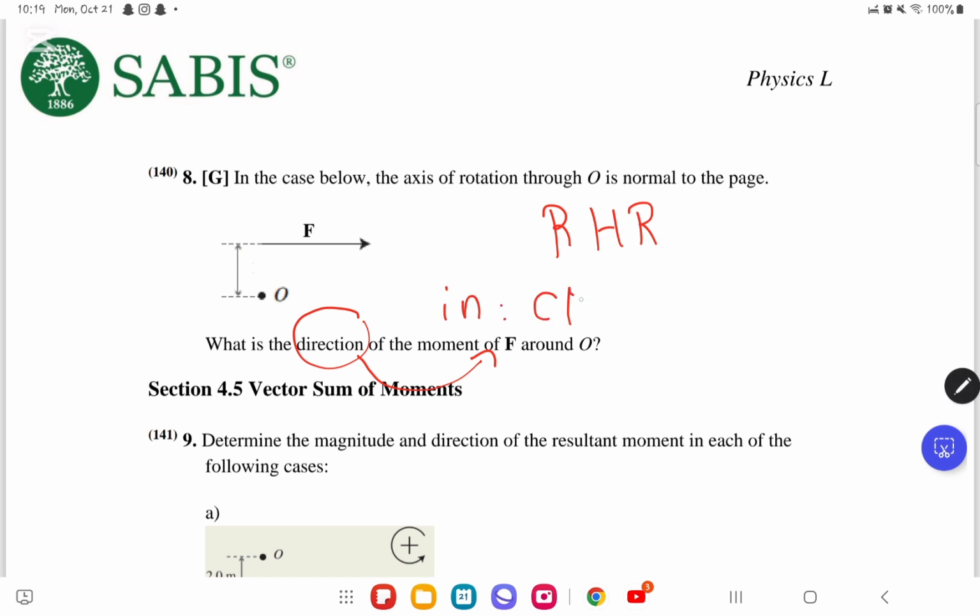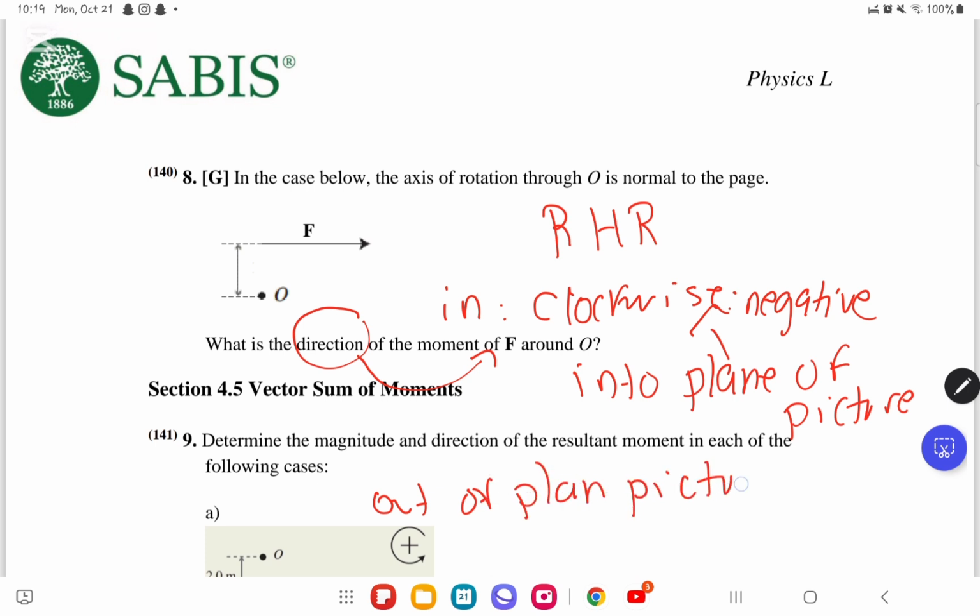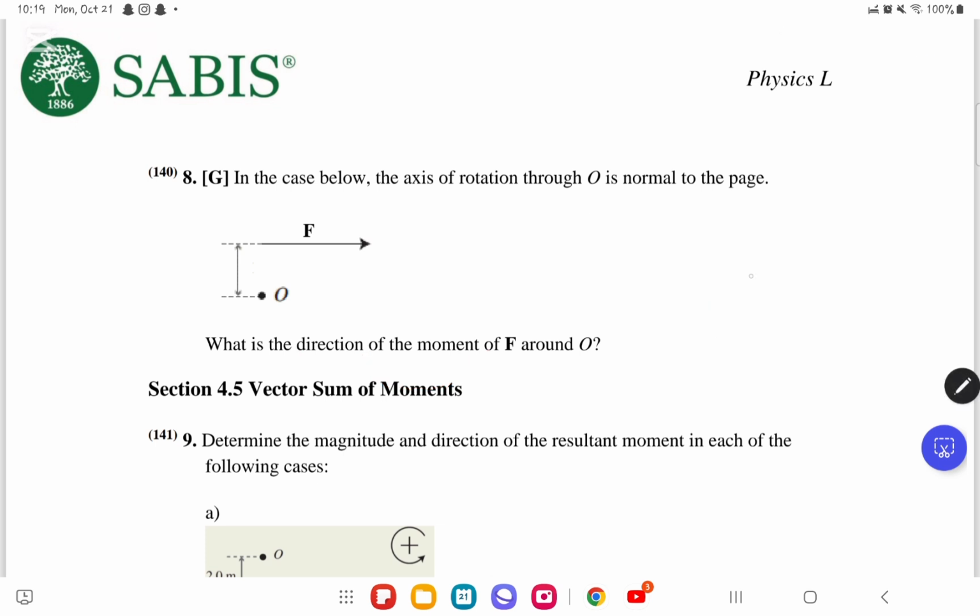So then it is clockwise and negative. Sometimes they will ask you into the plane of the picture. Into the plane of the picture means clockwise, negative. Out of the plane of the picture means out and counterclockwise, positive. So that's question number 8.